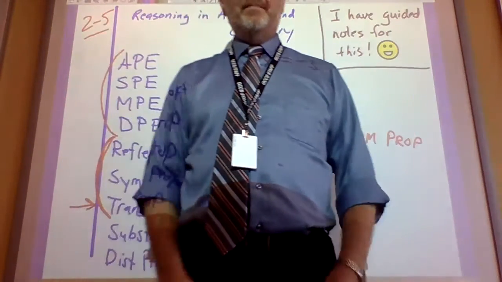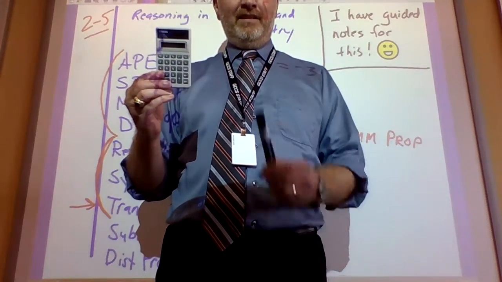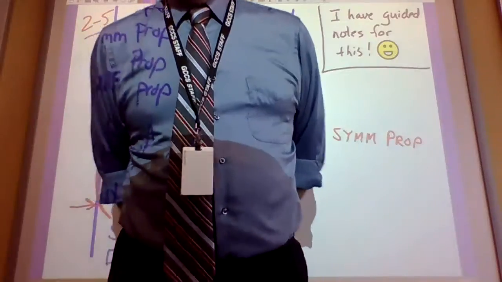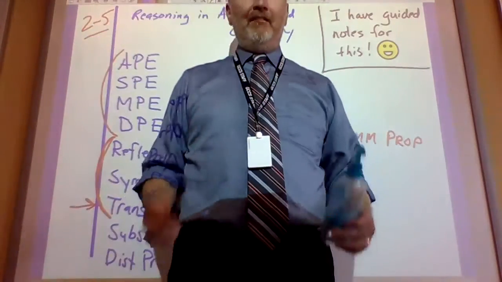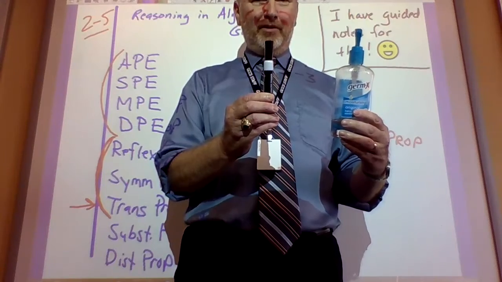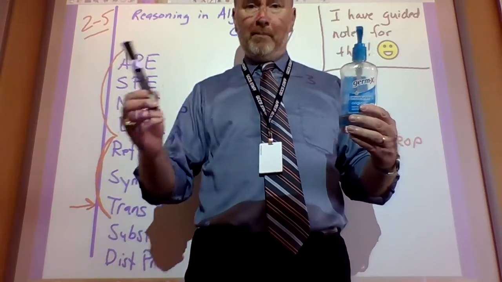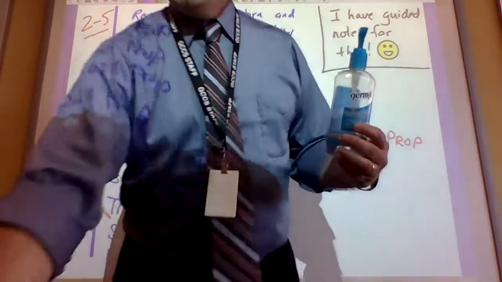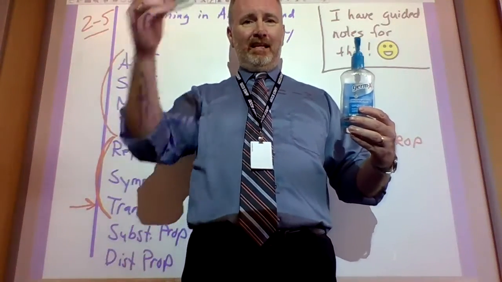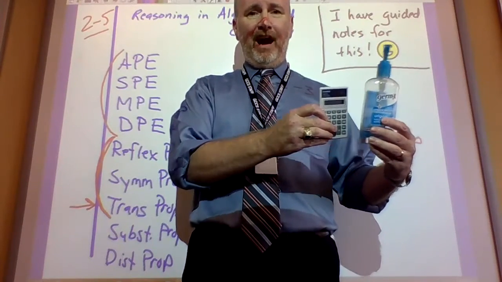It says if calculator equals marker and if marker equals hand sanitizer bottle, then since marker was in both of them, it was in the first one and it was in the second one, we can jump from calculator equaling hand sanitizer bottle. All right, y'all see that?